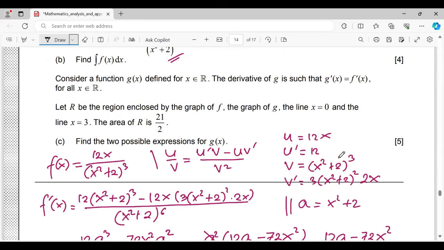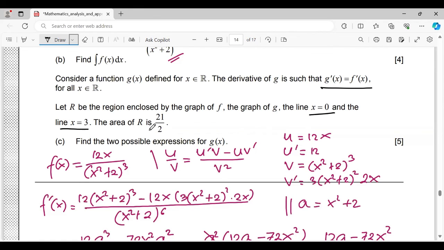C, consider a function g(x) defined for x real, such that the derivative of g(x) equals the derivative of f(x). Let R be the region enclosed by the graph of f, the graph of g, the line x equals 0, and the line x equals 3.